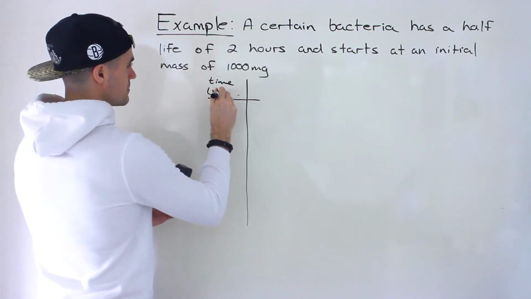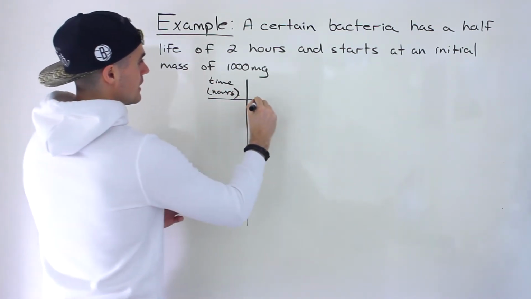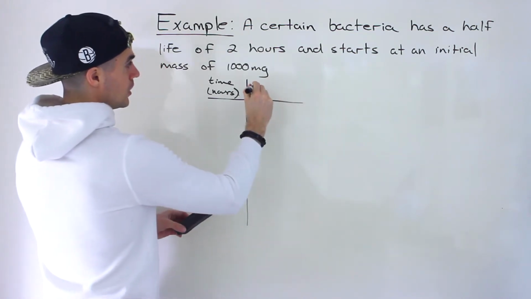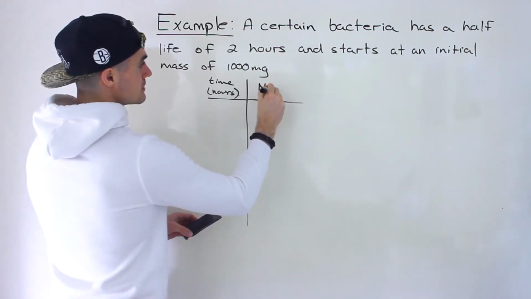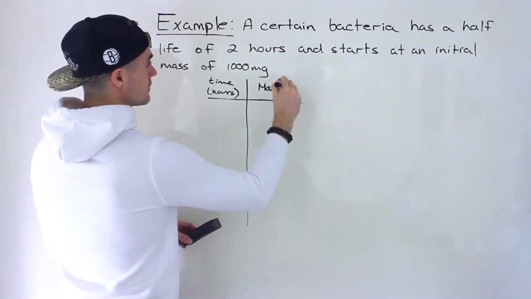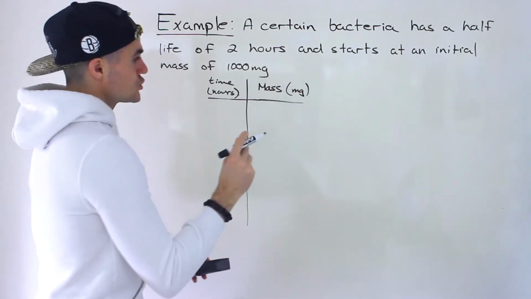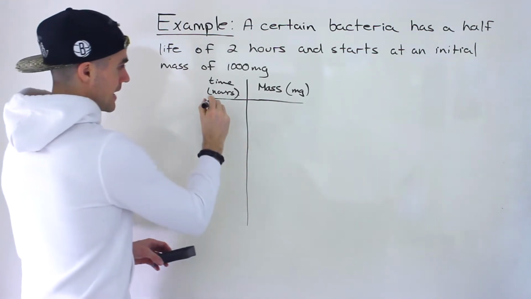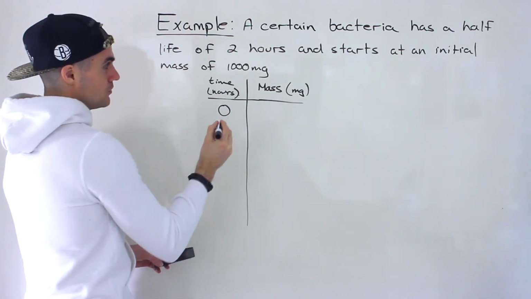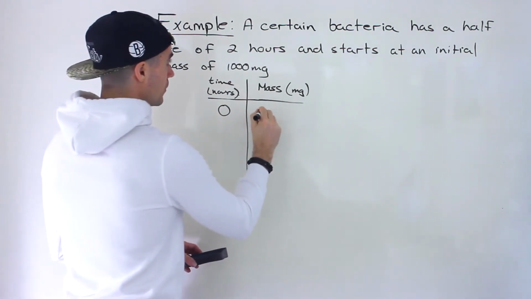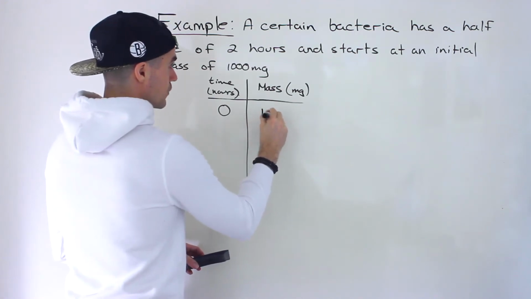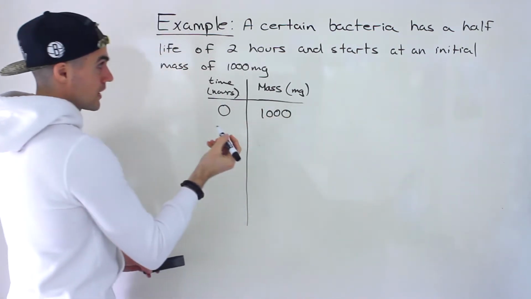The previous one was in minutes. Then we're going to have the quantity or the mass of the bacteria, in milligrams. Initially, at time 0, it's starting with an initial mass of 1,000 milligrams.